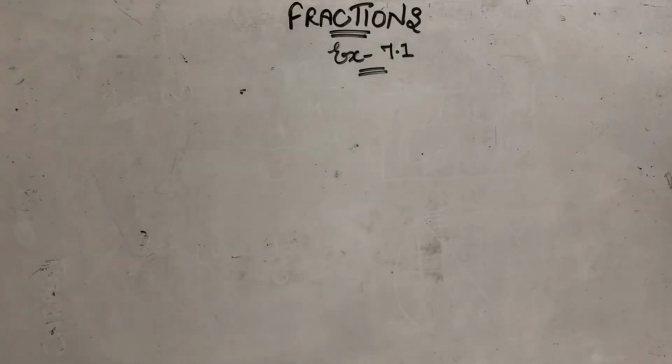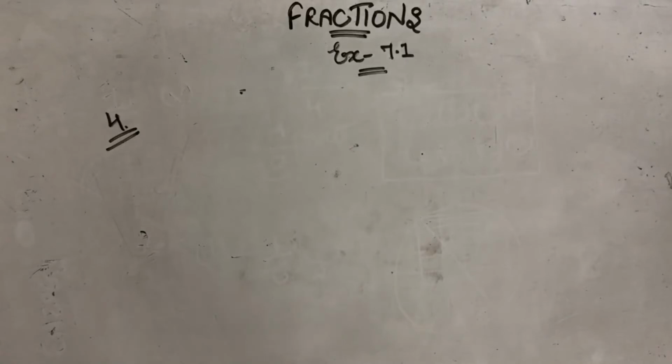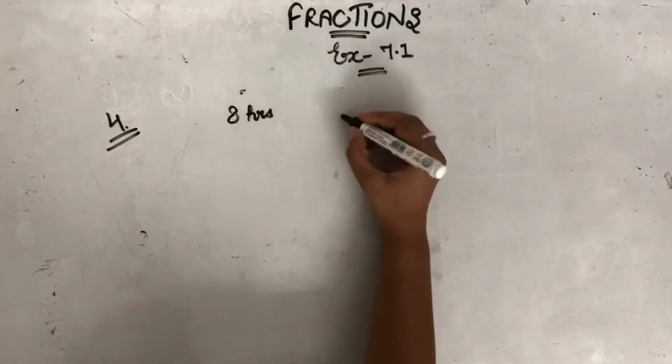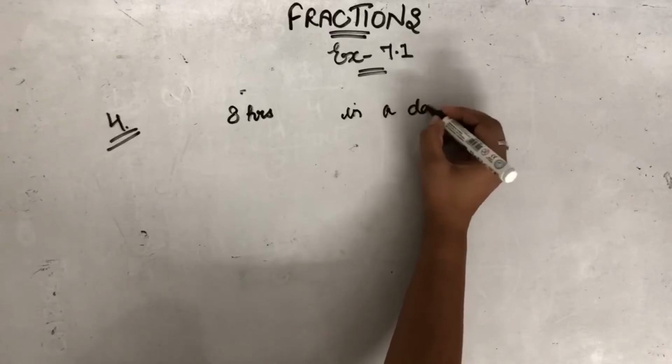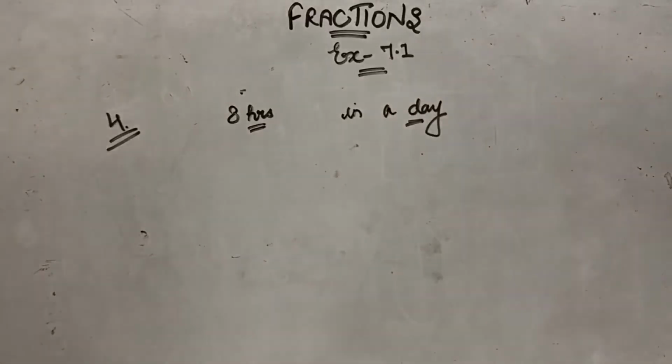So fourth question, what fraction of a day is 8 hours? One more point you have to keep in mind while finding out the fraction is, the units should be the same. Like in fourth question, you have to find the fraction of a day that is 8 hours. So here one unit is hours, second unit is day. So you have to convert them into the same units.